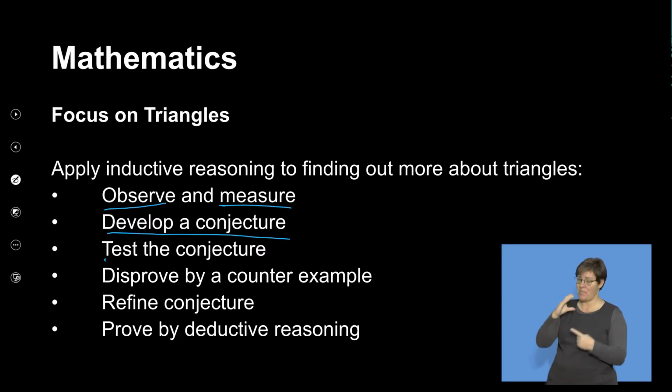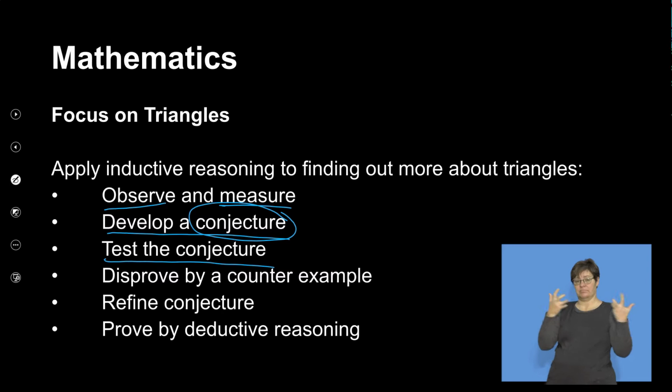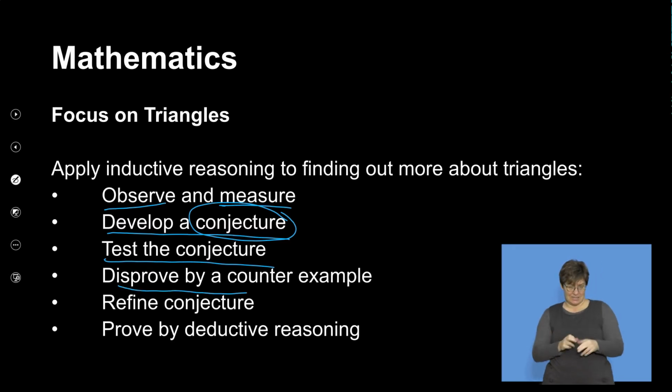Then I will need to test my conjecture. The testing will be, is this true for all of the shapes that are triangles at that particular time? What must be the condition for the triangle to adhere to the conjecture that I said? Then this is where we talk about your variables that you control, or your independent and dependent variables. And then you disprove by a counterexample.